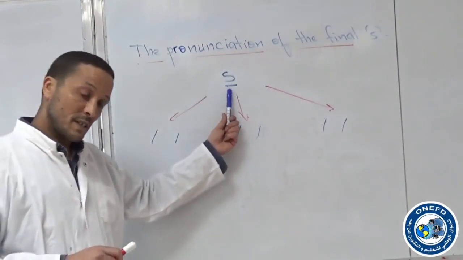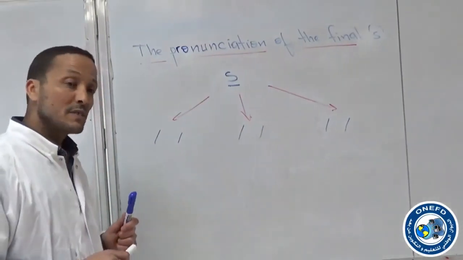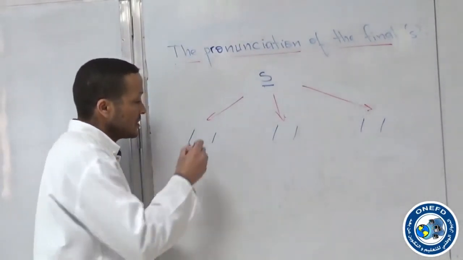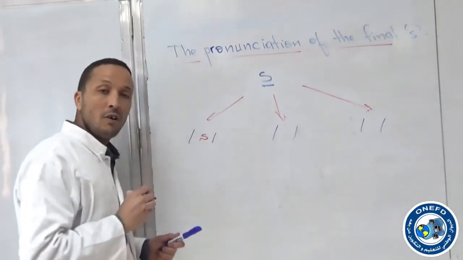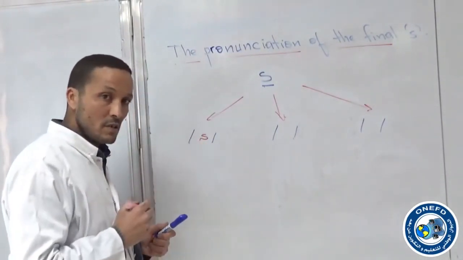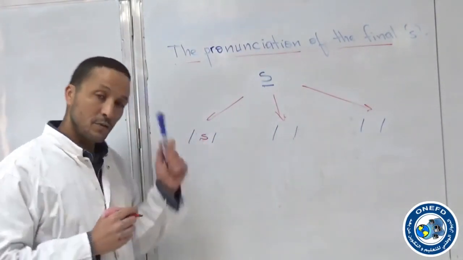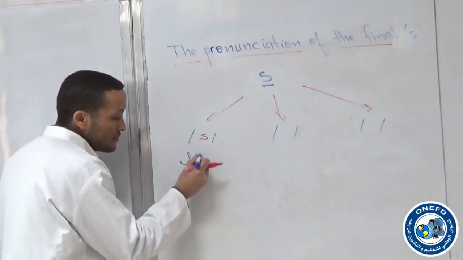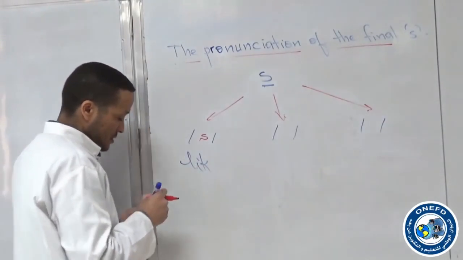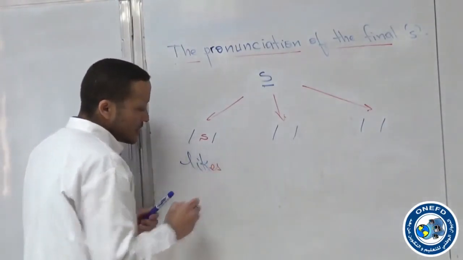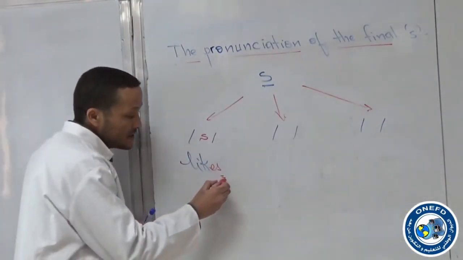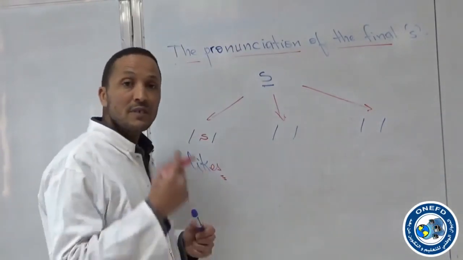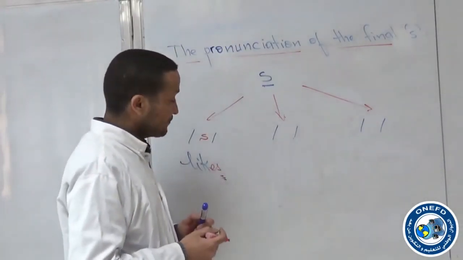So the letter S can be pronounced S. For example, the verb likes. The S is pronounced S, likes.